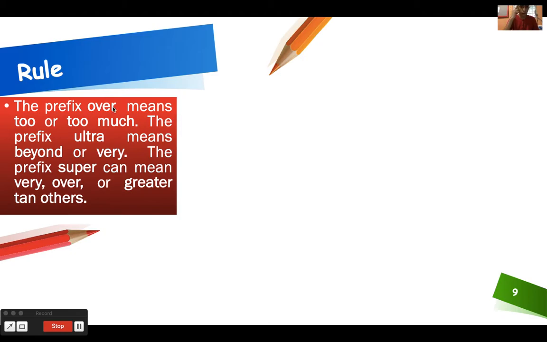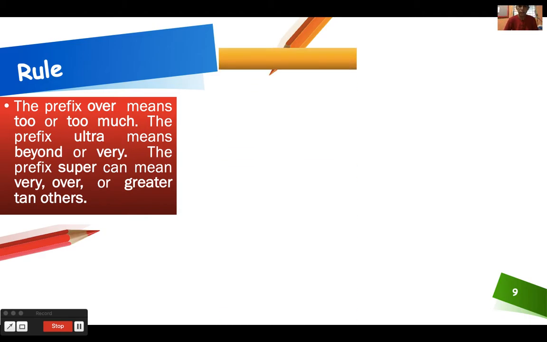Okay? Remember, prefix over means too or too much, that you have too much of something. The prefix ultra means beyond and very. And the prefix super can mean very, over, or greater than others.